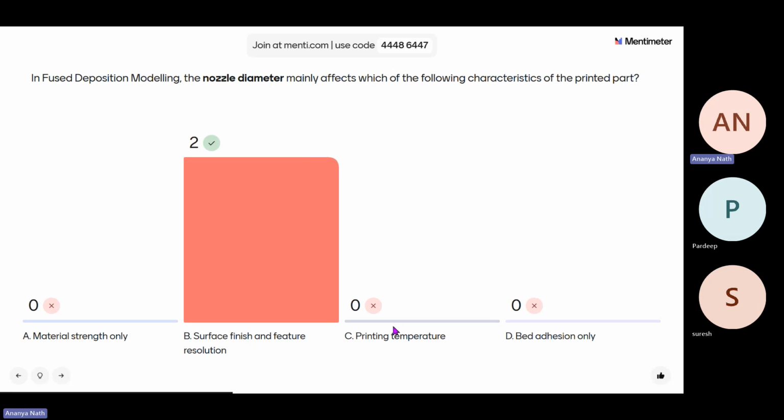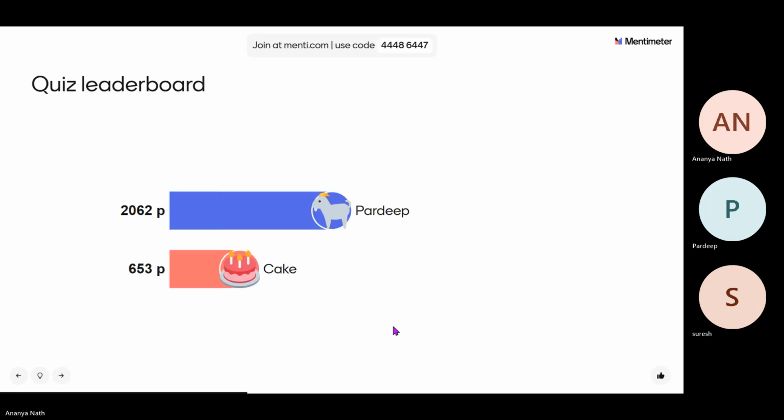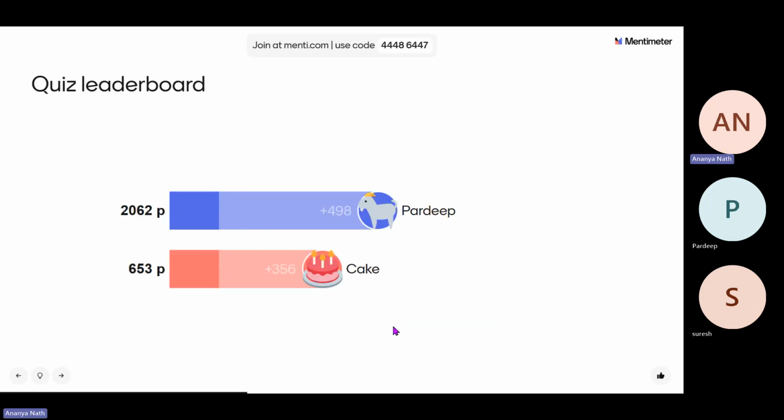So the nozzle diameter and the stand-off distance are all related to surface finish and feature resolution. Also, if you decrease the diameter, you will increase the resolution because less material comes out. So both are right.